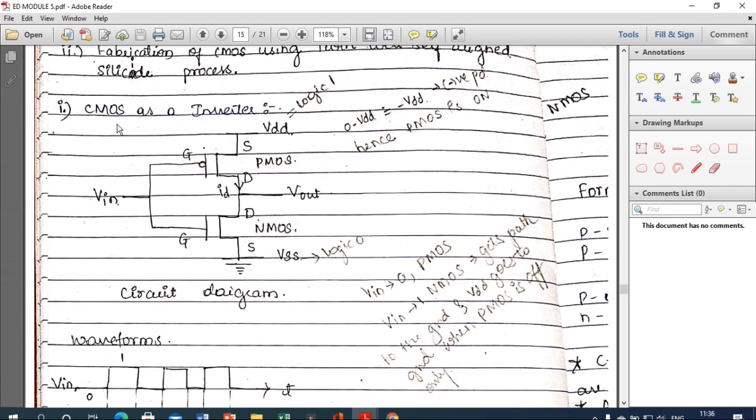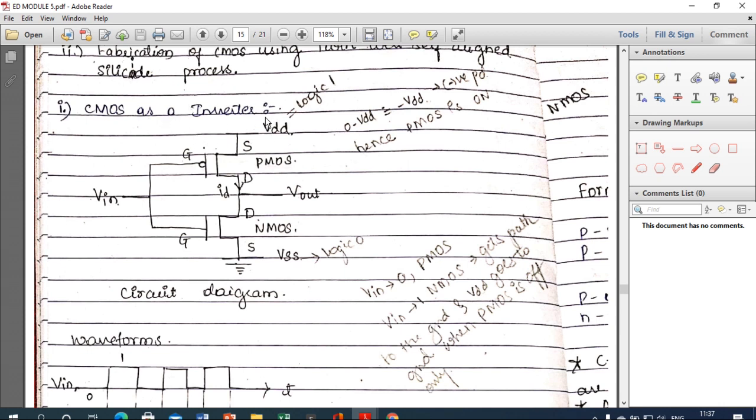CMOS is a technology which is used to reduce the size of the transistor and also increase the speed. So CMOS is now widely used in many industries to manufacture different integrated circuits. Now in this topic we are going to discuss how CMOS can be used as an inverter, and I hope you guys know about inverter.